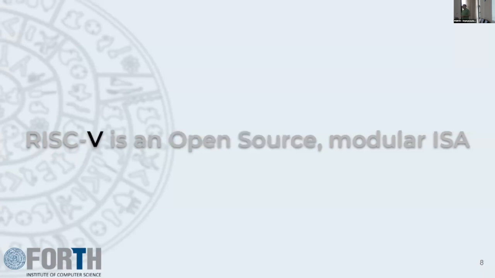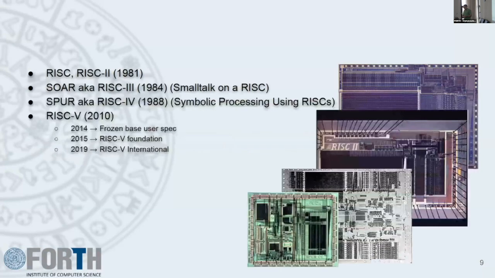Why V? What happened to the previous four? So that's a short history of RISC. As I told you, it started in the early 80s. RISC and RISC-2 were designed by Manuel Stratenis, the founder of our lab, while he was in Berkeley. SOAR and Secure were two experimental processors in the 80s, for really experimental purposes.